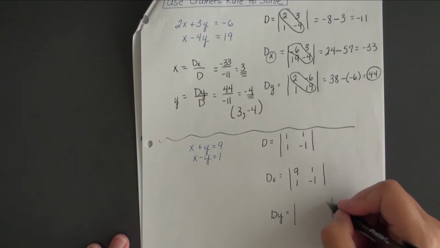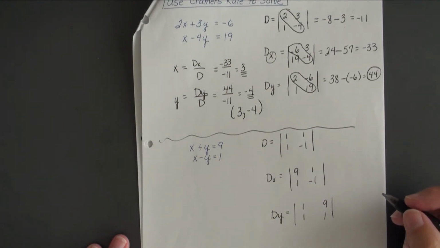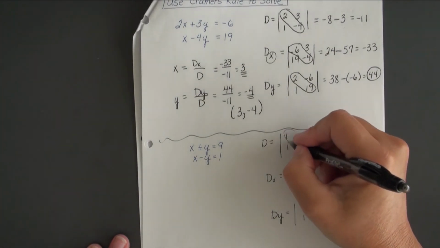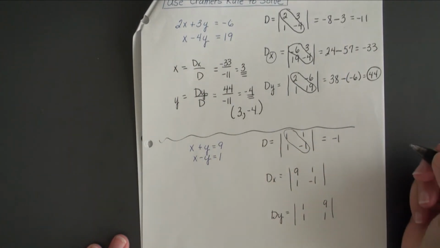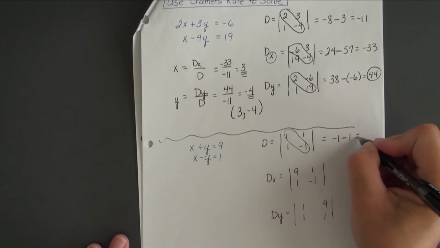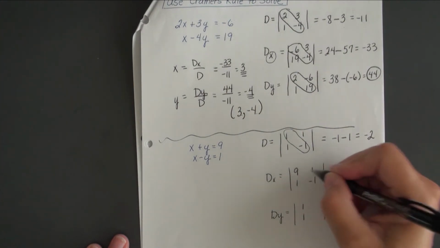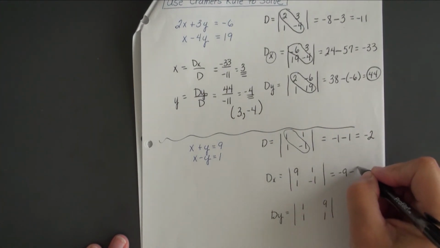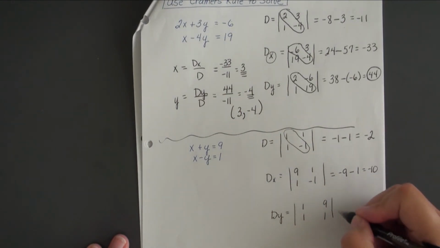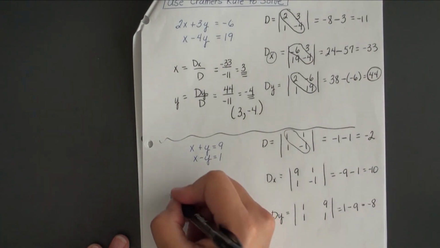For Dy, we're going to put the 9, 1 in the y column, and the x column will stay the same. Now we evaluate each of those determinants. Here we have 1 times -1, minus 1 times 1, which is -2. Here we have -9 minus 1, which is -10. Here we have 1 minus 9, which is -8.